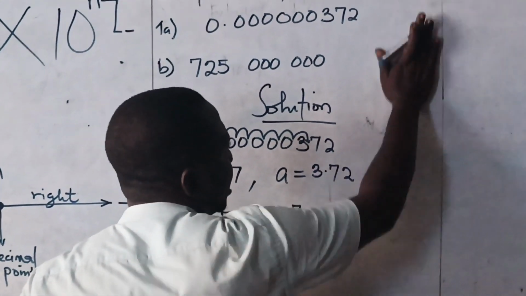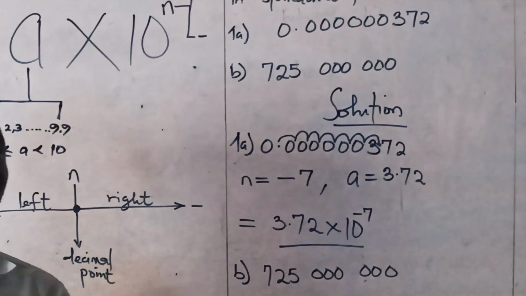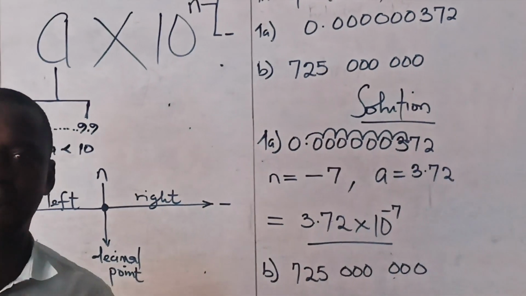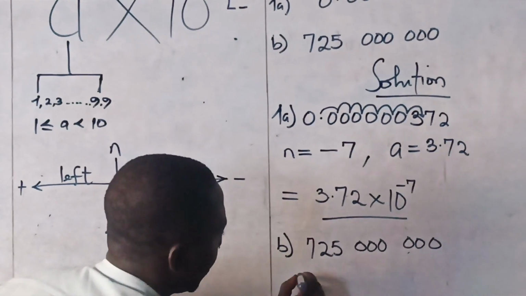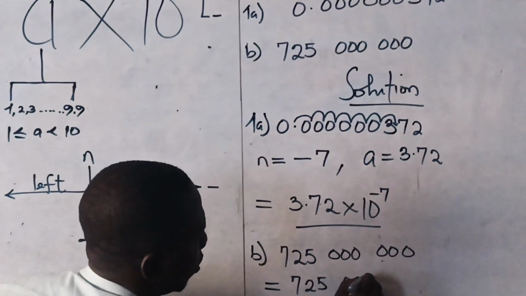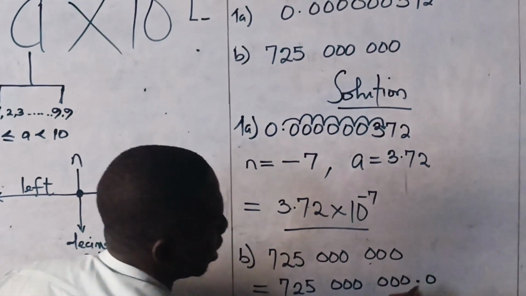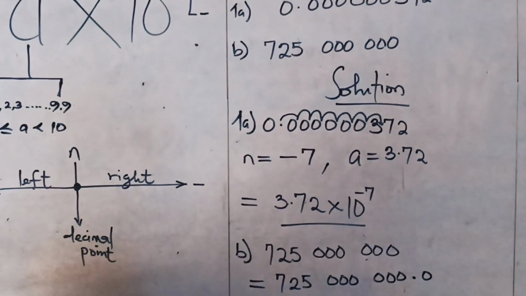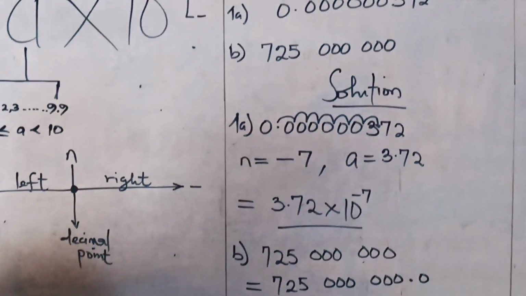So that is to tell us that for every whole number, there is an invisible decimal point behind them. So also this one is the same thing as 725,000,000.0.